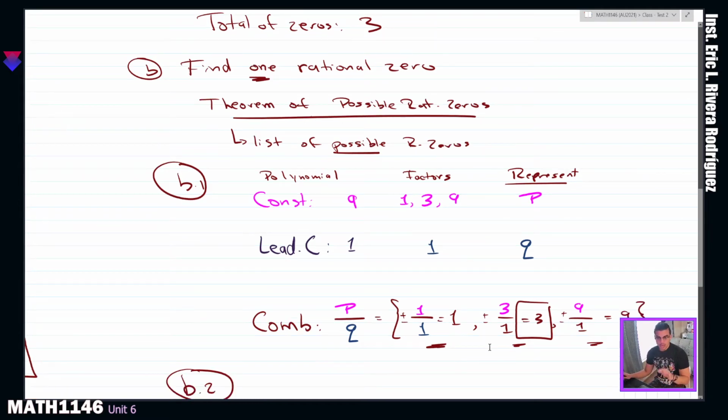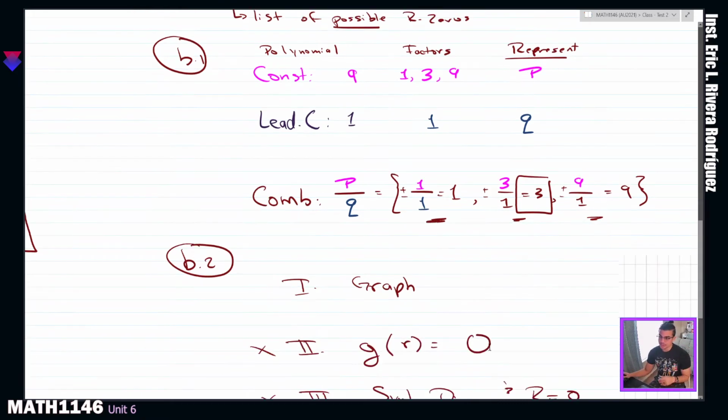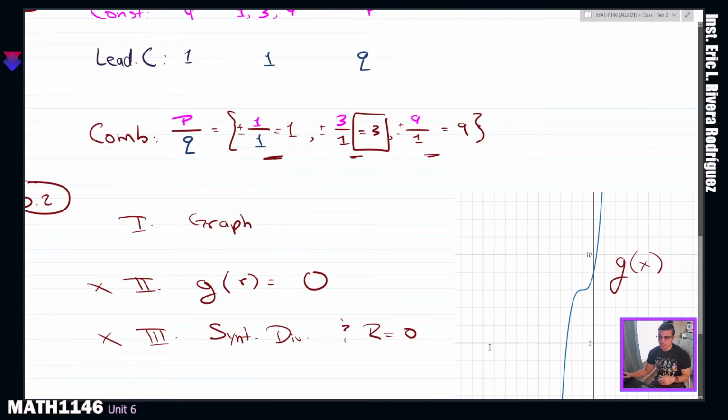Because we know that we have at least one rational zero in those polynomials, we are going to make the list of possible rational zeros using the constant term value and the leading coefficient value. We create all those combinations, taking into consideration the positive and the negative values.